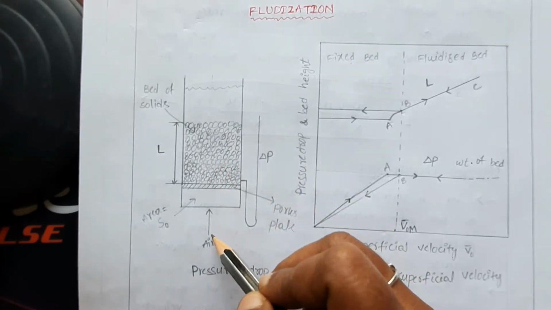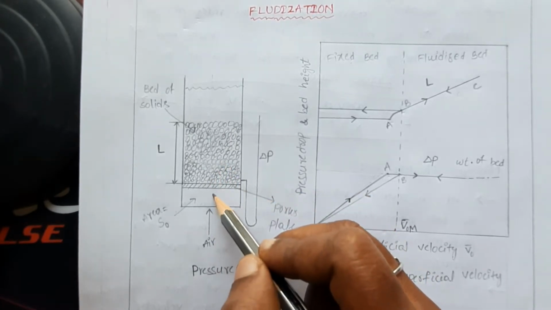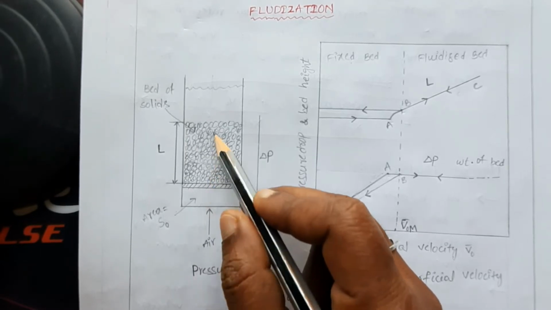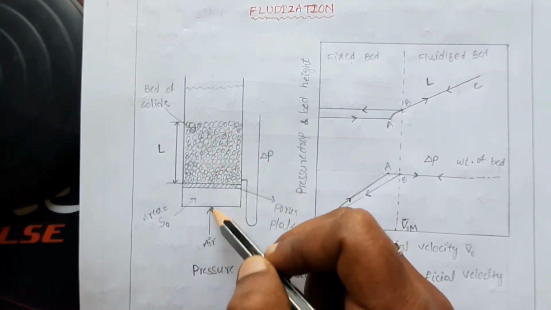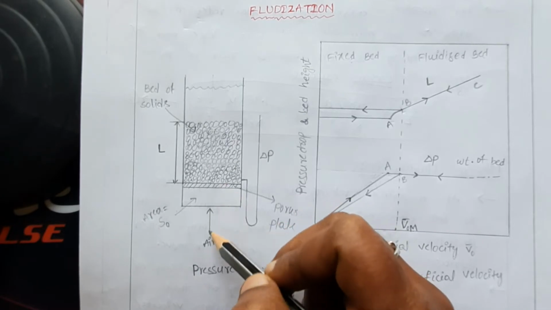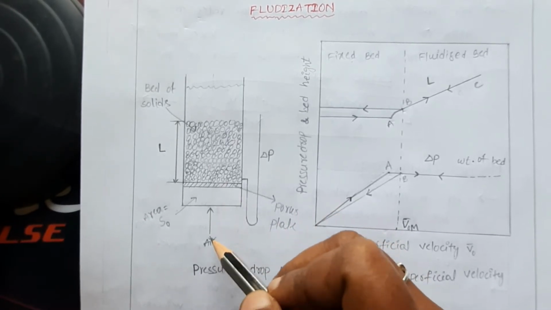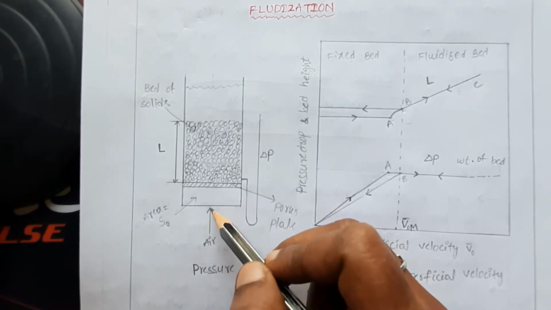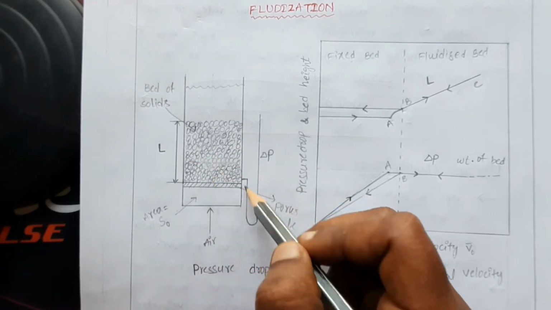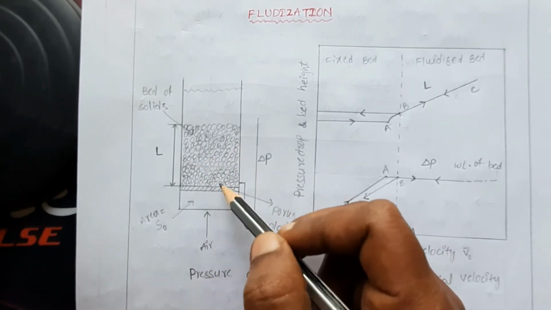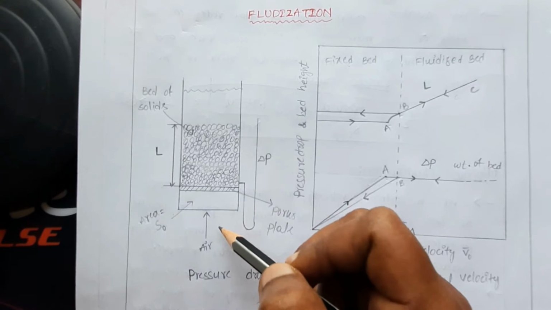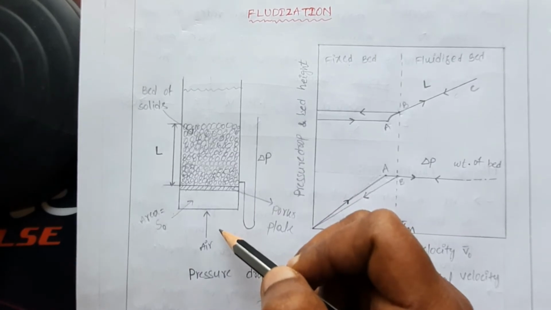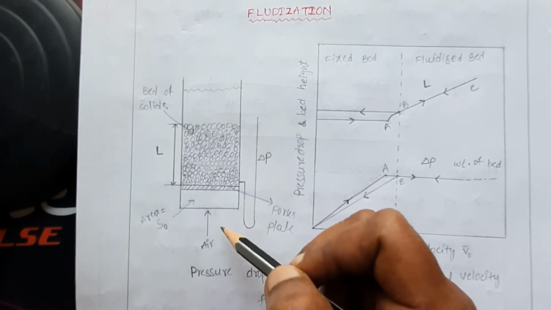Since we are applying low velocities, the bed height will not change much with the airflow, right? So if we increase the airflow, what happens? The pressure drop across the bed will be increasing. This relation will be given by Ergun's equation. We will see that later, as it is not related to this particular problem.